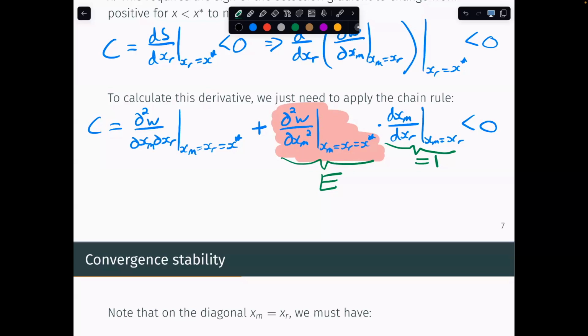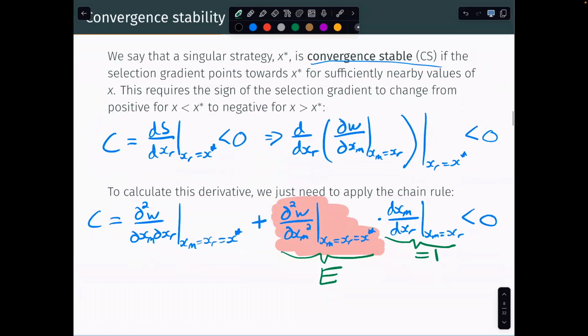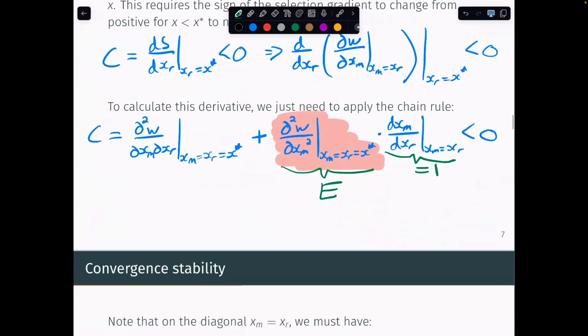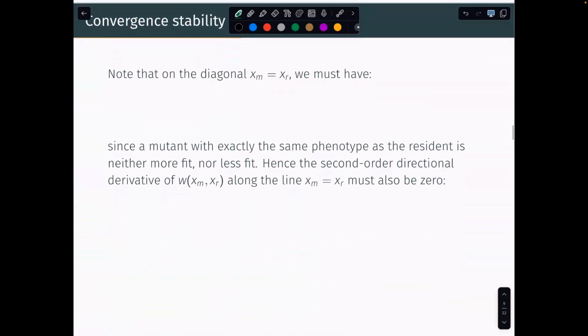Likewise, if this was negative and this was positive, you could have something that is convergence stable, but evolutionary unstable. Or they could both have the same. So while these things are not entirely independent, you can get all possible scenarios. We'll come back to that in a moment.